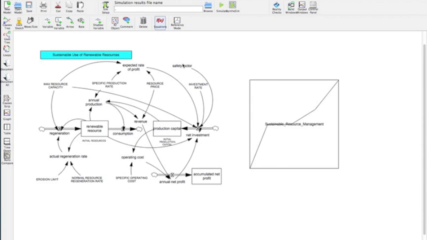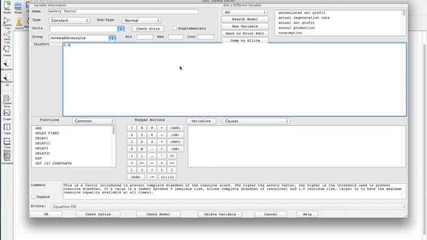Let's take a look at the safety factor here to start with. And the safety factor here is 50%, 0.5. This means that if you draw down your resource down to 50%, this indicates that you're running low.